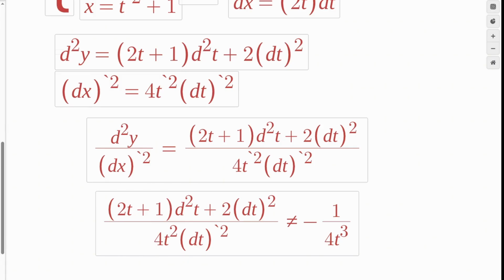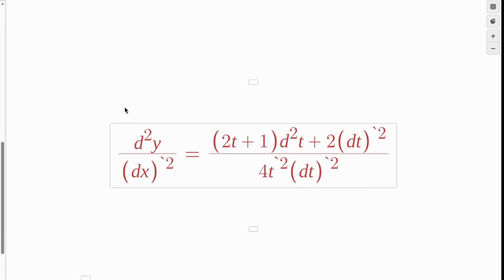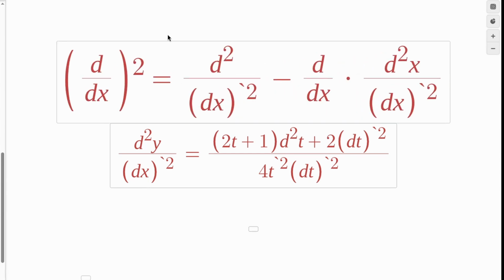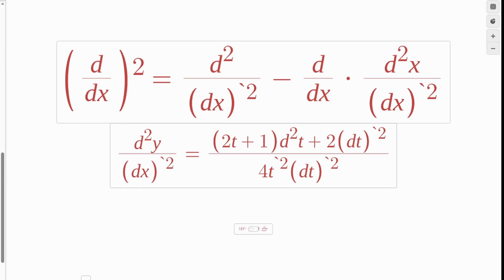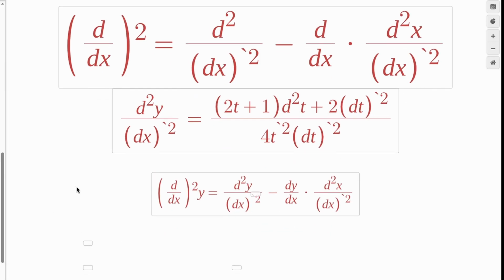So what's going on? Well, let's go back to this. We have d squared y over dx squared, and let's recall our original formula. The second derivative is this same d squared over dx squared, but you're subtracting this extra term, d over dx times d squared x over dx squared. So why don't we plug that in for y?